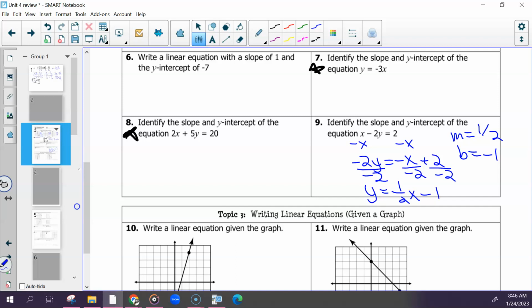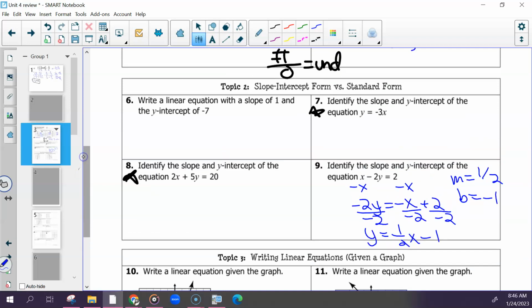Okay. Other questions in 6 through 8 before we move to the next page? Otis? 6 through 8, please. We could do, yeah, sure. 6 is more of a writing, which we're not doing, but if we're writing this equation, it would be y equals 1x or just x minus 7.